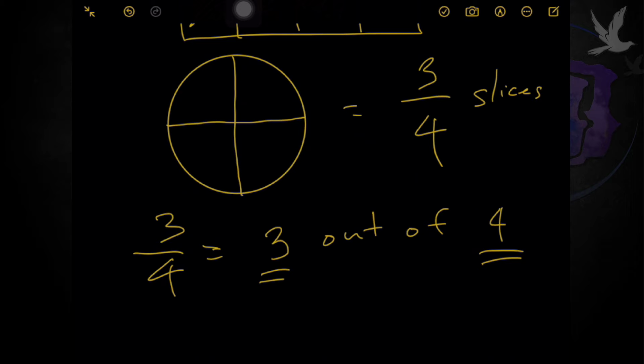So yun yung number of shaded parts. 1, 2, 3. And this basically represents the number of slices that that person ate out of this 4 slices of pizza. Okay? So yan ang basically yung representation of fractions. Okay? Basic na basic yan.